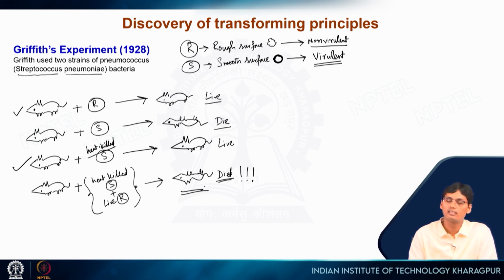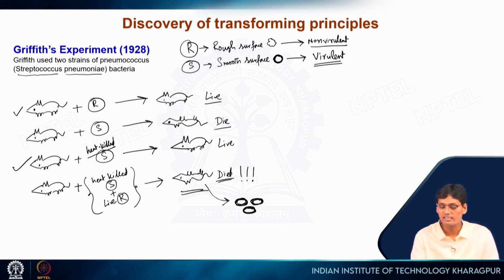Not only that, more importantly, when he took a sample from this dead mouse and cultured it in the laboratory, he found that smooth cell bacteria were appearing in the culture plate.